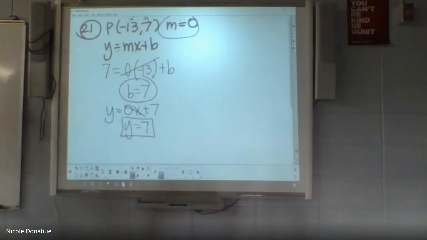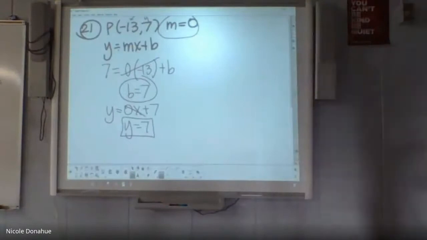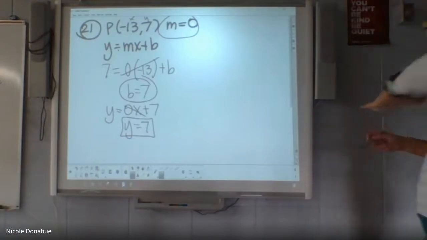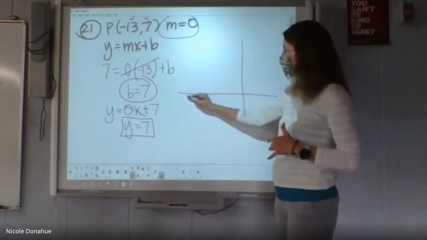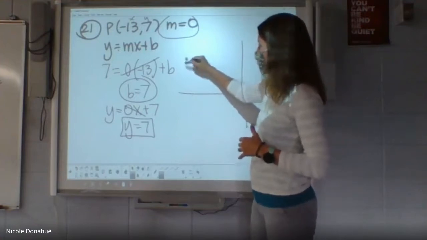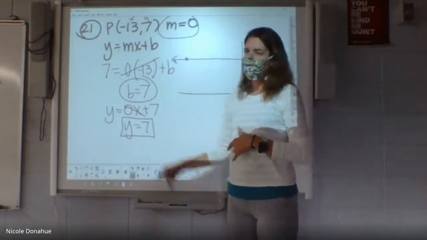So I want you guys to think about what that line looks like, though. Because if we have a slope of 0, what does our line look like? Yeah, go ahead, Izzy. It's flat. It's 0 fun, remember? So we're thinking about our slope here. So if I go negative 13.7 here, or flat line at y equals 7.